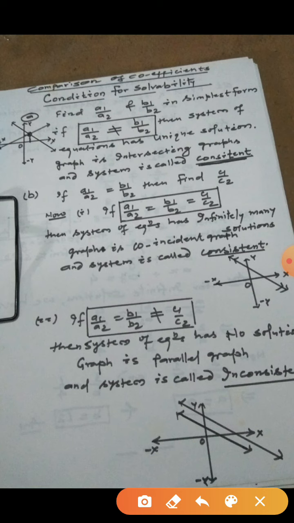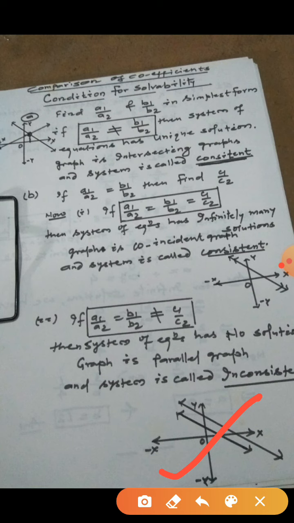It means there will be no solution, no value of x, no value of y you can get for such equations. Okay, so we say that the system has no solution. And if we draw the graph for such a pair of equations, the graph will come like this: parallel lines.